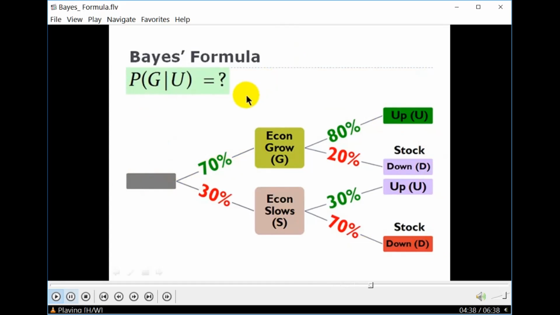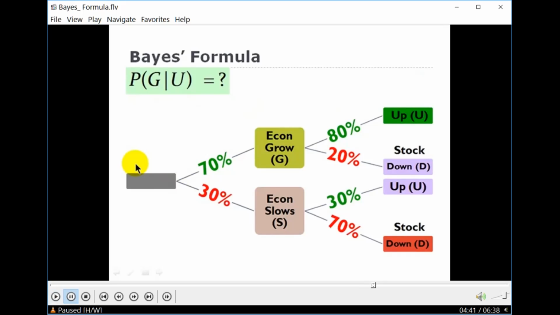Now I consider the Bayes formula question. The Bayes formula question is really the important part here. What if I can observe one event, one phenomenon, and I would like to make conclusions about another, and of course they are connected?